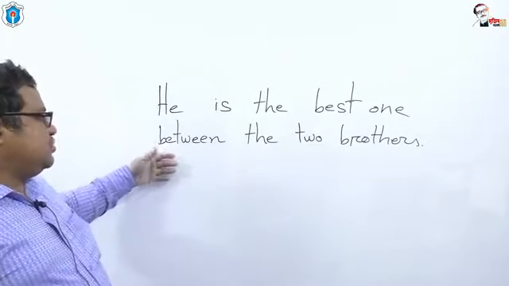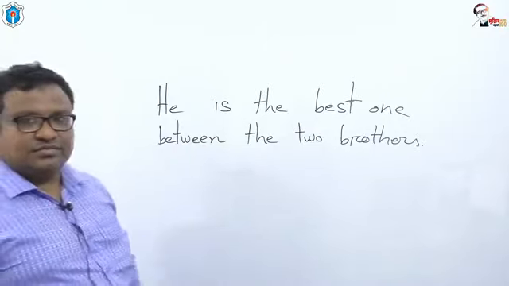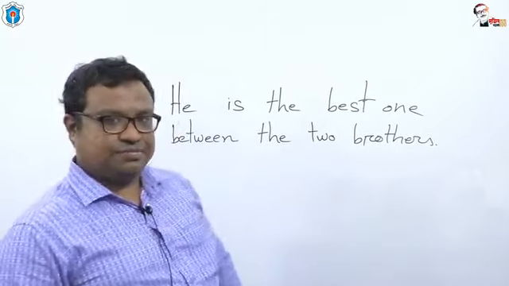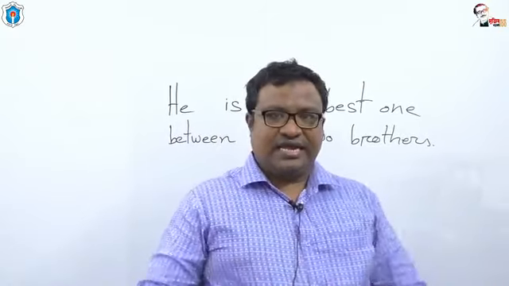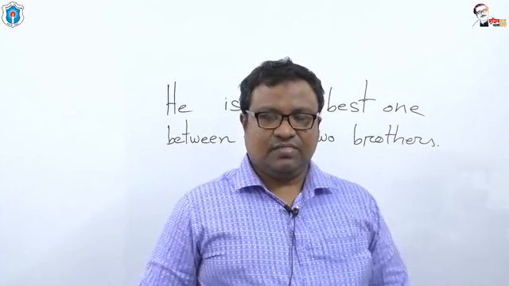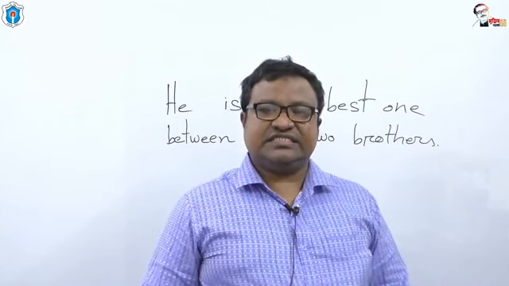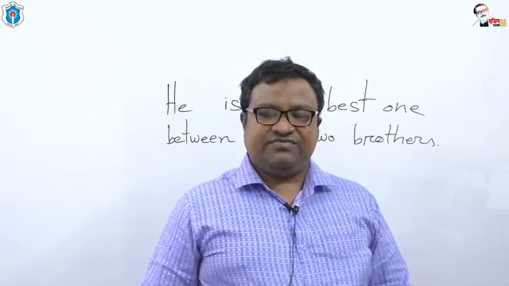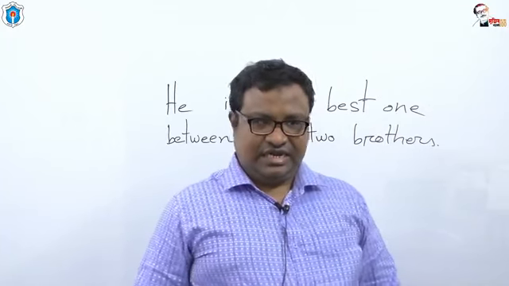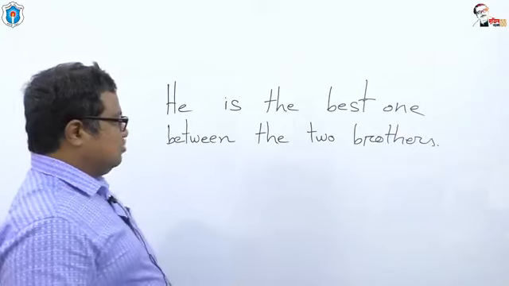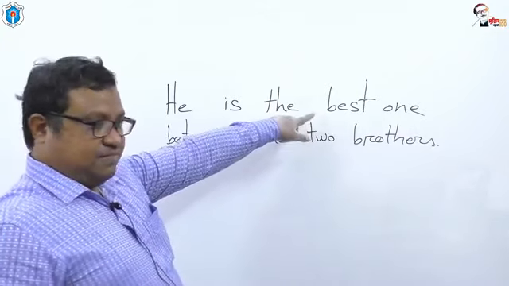He is the best one between the two brothers. What is the problem here? The problem is when I am making a comparison between two particular things, it will be in the comparative degree, not in the superlative degree. While I am using here the superlative form, he is the best one.